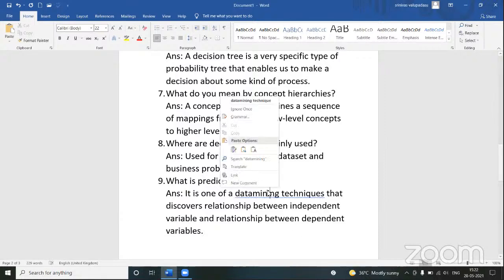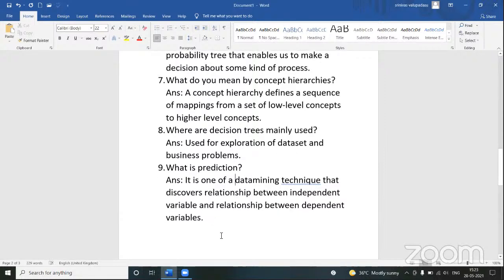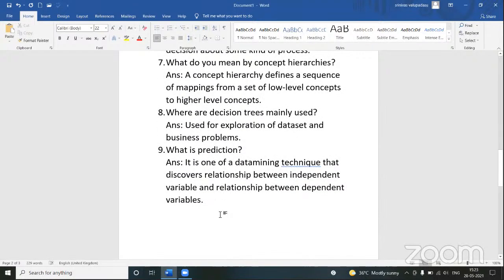Next question. What is the purpose of the Apriori algorithm?